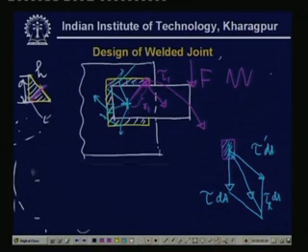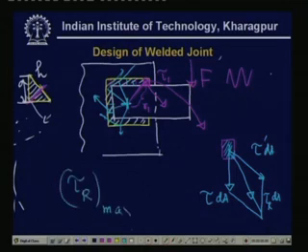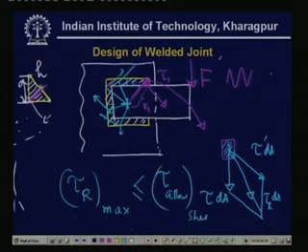That is, tau r, the maximum value, must be less than this tau allowable. Again, this is for shear only. So this is how this kind of joint is to be designed.